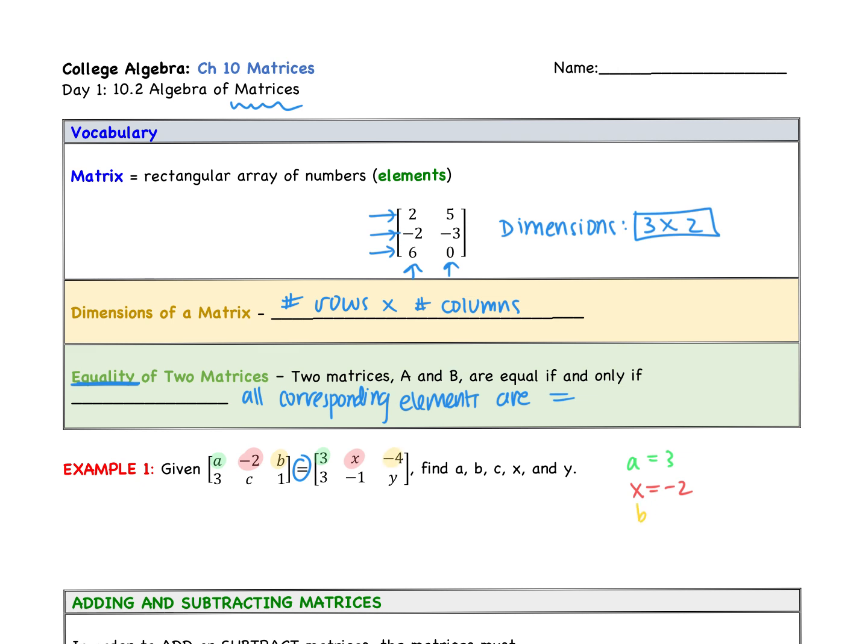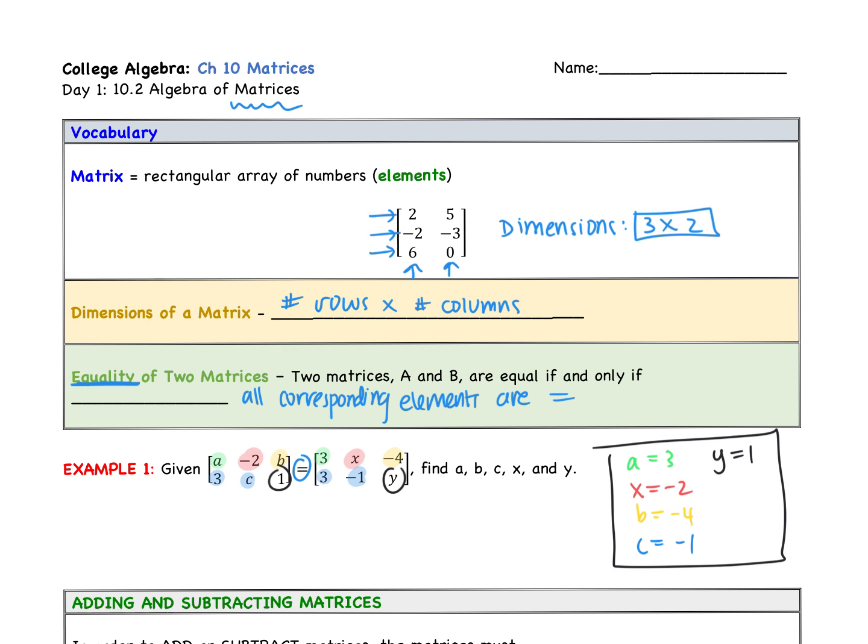Okay, so we get B equals -4. And then we'll see we get 3 equals 3. That makes sense, supposed to be equal. We get C is equal to -1. And then, of course, our last elements have to be equal as well. That gives us Y equals 1. So those are our 5 answers.